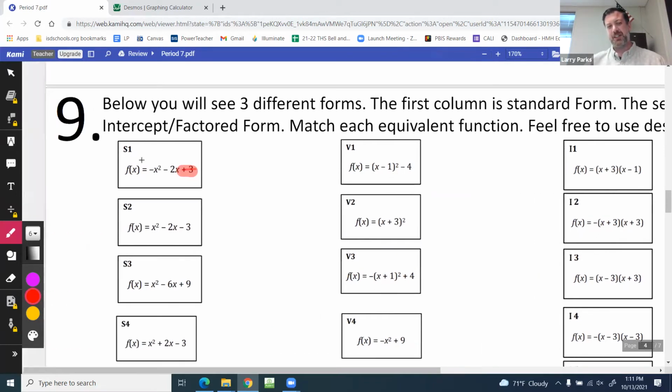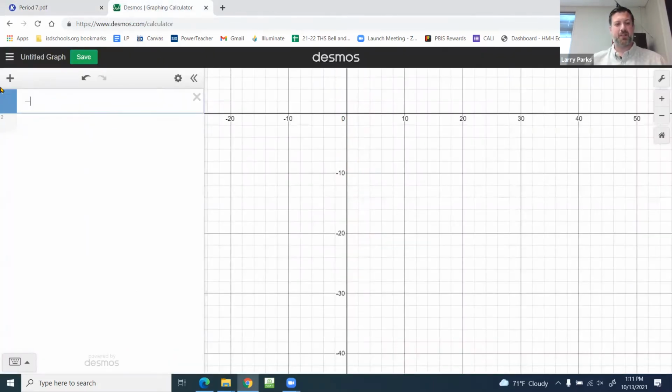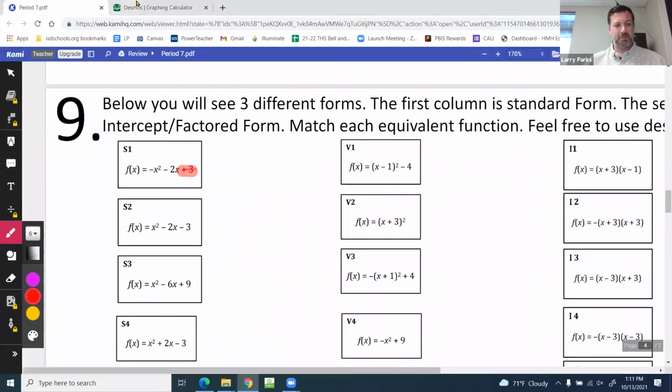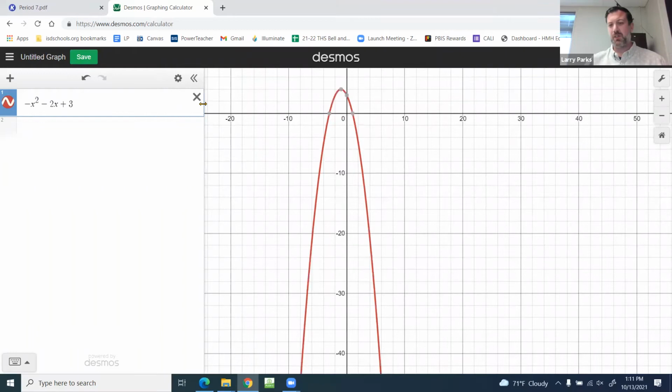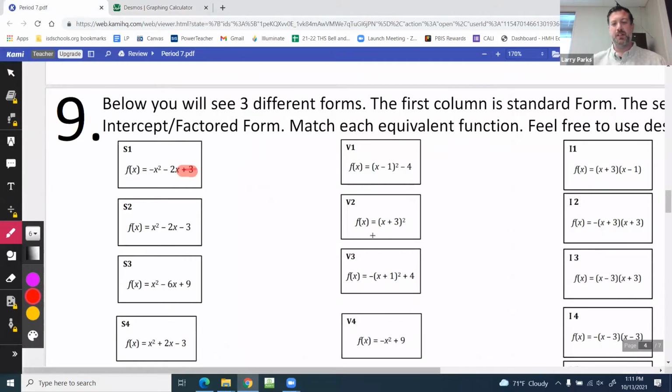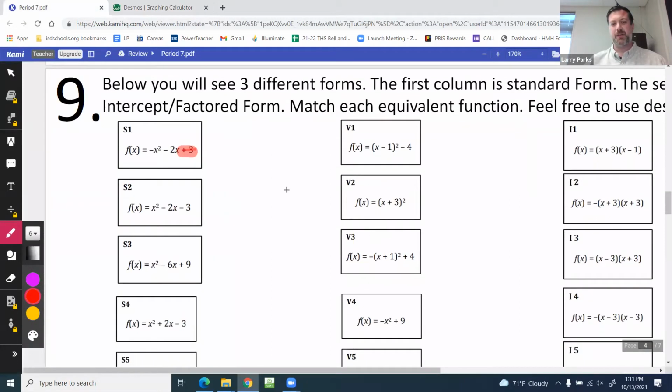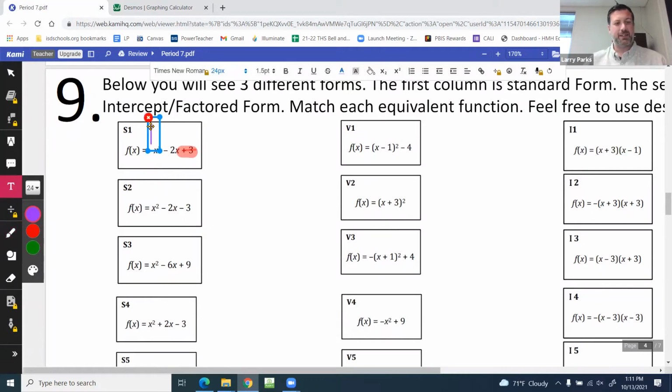So really, if you just type this into Desmos, -x² minus 2x plus 3, you could go find the vertex. And the vertex is -1, 4. So I am looking for the 1, because notice the vertex, I'll write it out, is -1, 4.